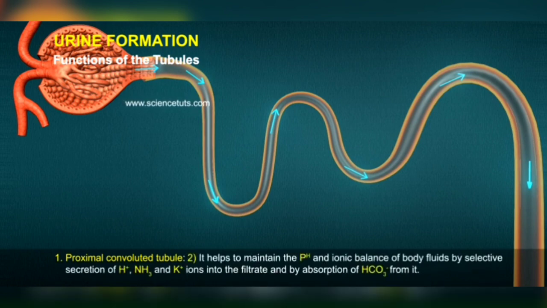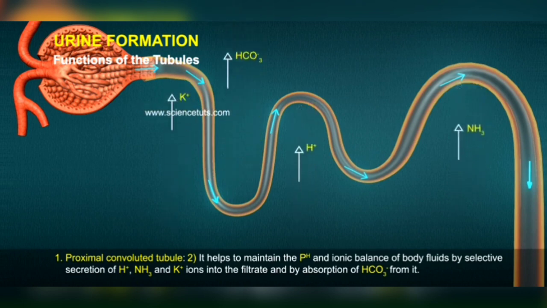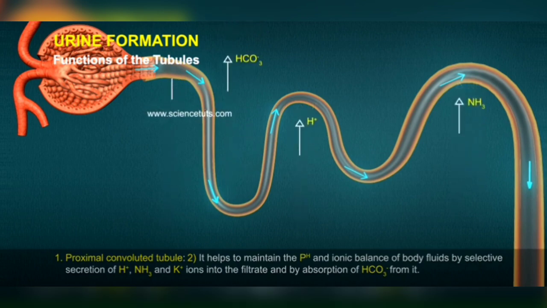It also helps to maintain the pH and ionic balance of body fluids by selective secretion of H+, NH3 and K+ ions into the filtrate and by absorption of HCO3- from it.